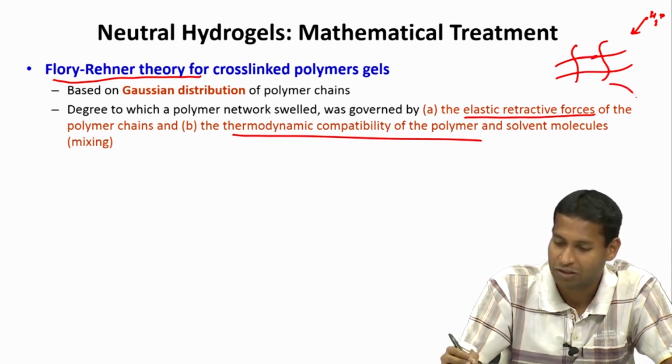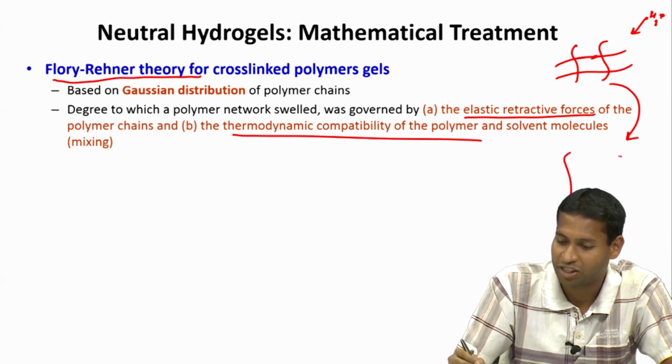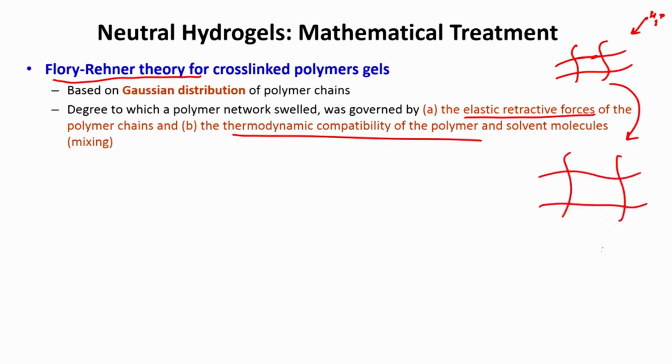Eventually this is going to get to a formation like this, and if they continue to stretch, they are going to get to a formation like this, but eventually these chains themselves will start to have tensions, because they are cross linked at these sites, and there is a limitation to the amount that these can be stretched. So, that is where the elastic retractive forces come in.